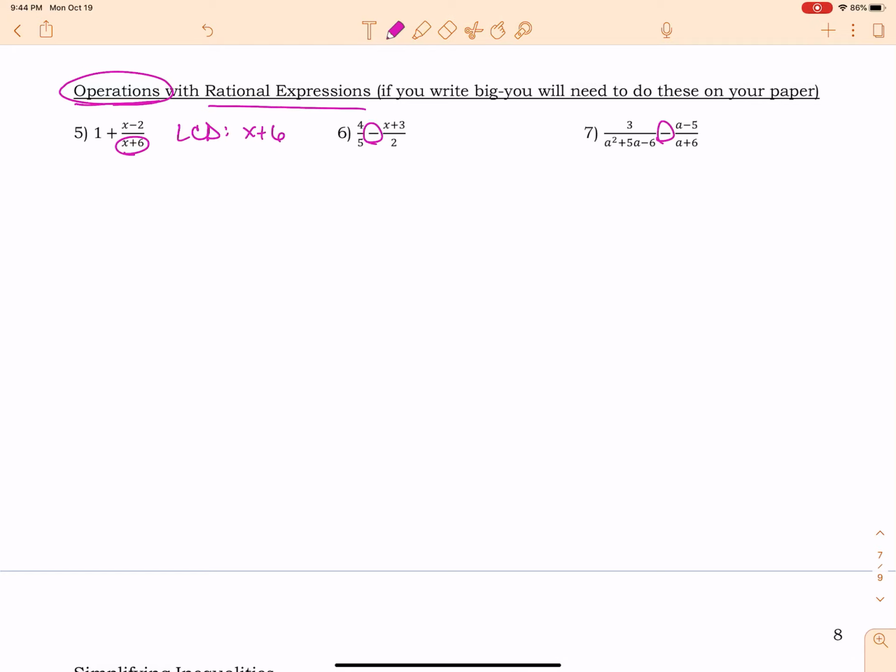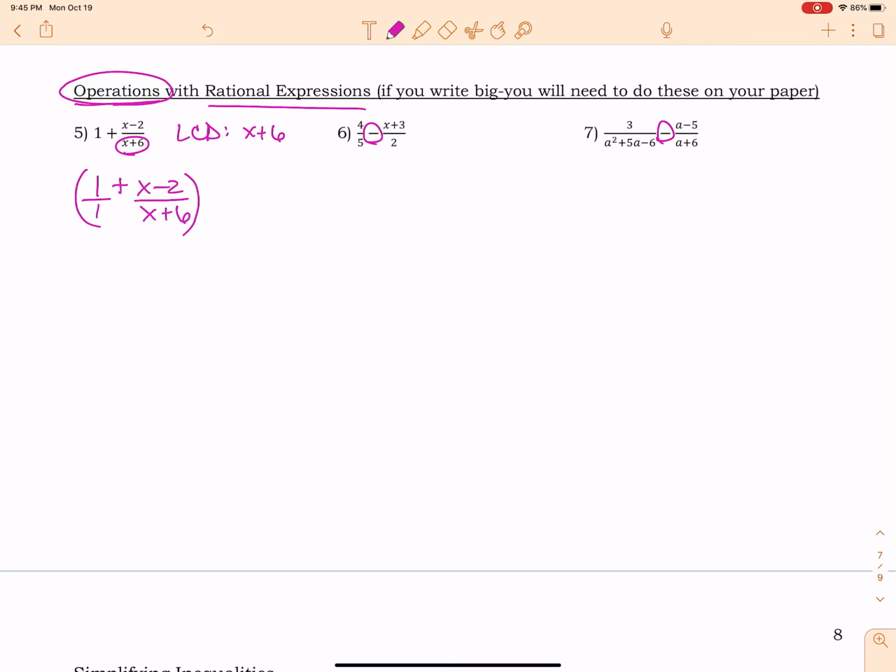So I am going to multiply both of my terms, not by x plus 6, though. These are not equations, these are just expressions. The goal is to make sure both of my fractions have the same denominator so I can combine them into one fraction.